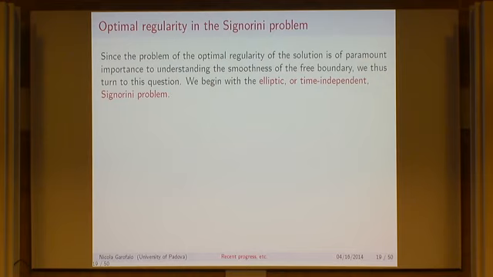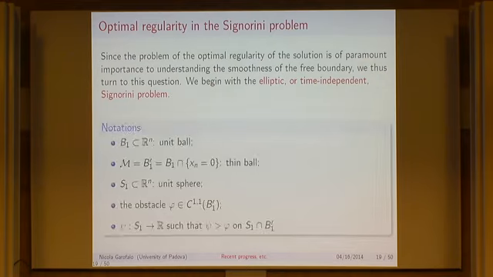Let me recall very quickly what is known about the classical Signorini problem. As I said before, I will take B_1 to be the unit ball. The thin manifold B_1' will be the intersection of the unit ball with x_n equal to 0, and the obstacle will be C^{1,1} of B_1'. You can think of this function, by introducing a fake variable, as a function which is C^{1,1} in the whole ball.